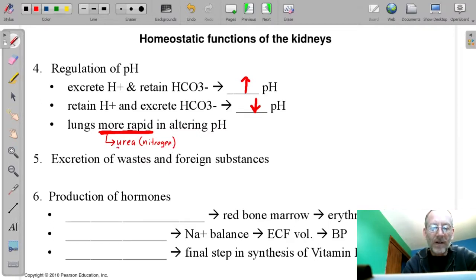Oh, various other metabolic wastes. Perhaps you mentioned creatine, or creatinine, however you want to pronounce it. And that was supposed to be under wastes. Sorry about that.